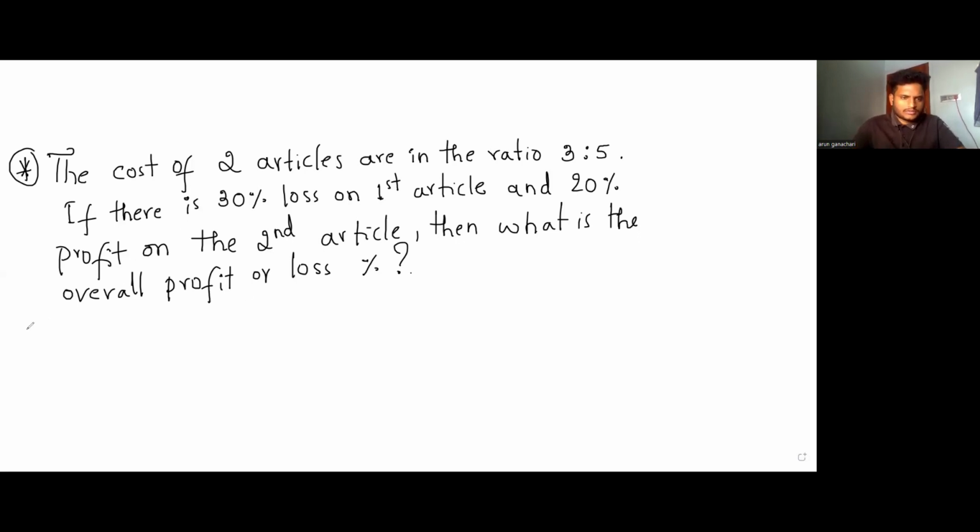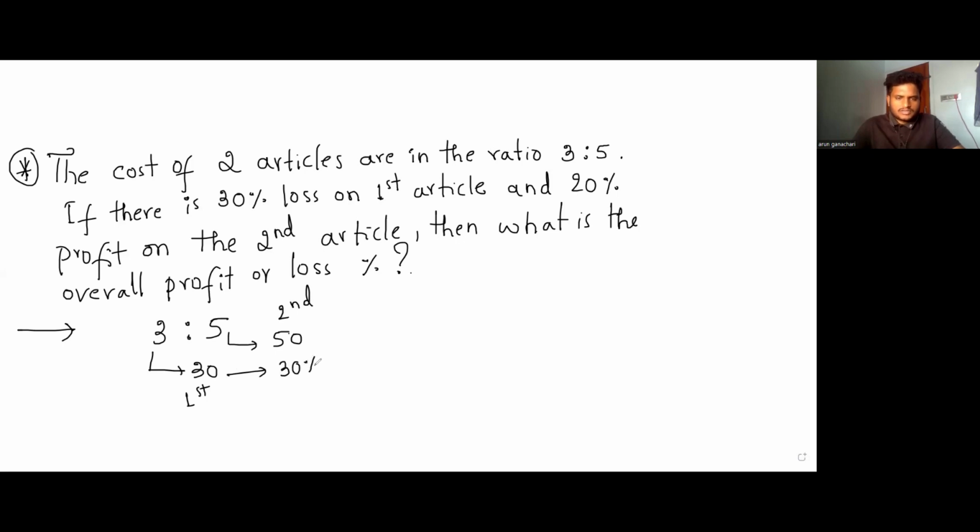How to solve this? I think we have discussed this. Whenever we are using a ratio, we have to take our own ratios. I can write it as 30 and 50. Yes or no? So first article is 30, second article is 50. If there is loss of 30% on first article, we are having a loss of 30%.